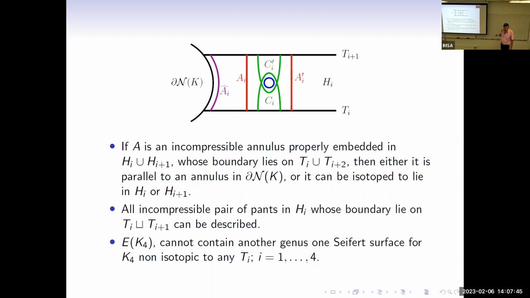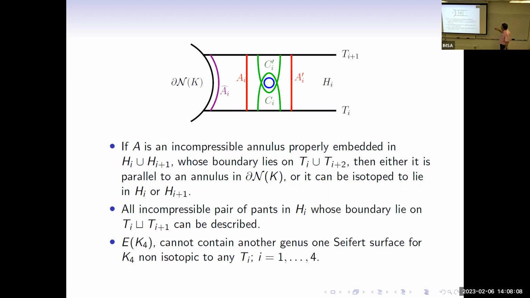These are the obvious annuli in this piece. And then we claim that these are the only ones. And to prove this, we assume that there is another annulus, look at the intersection with these annuli, and get that these are the only ones.